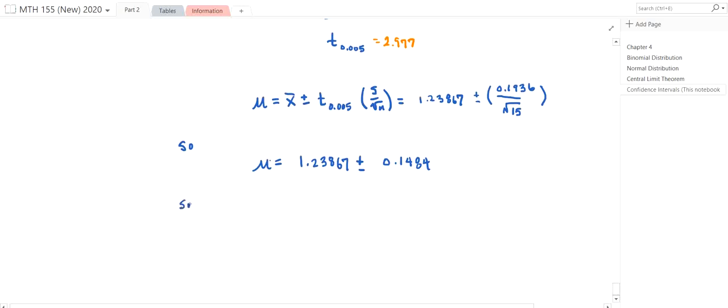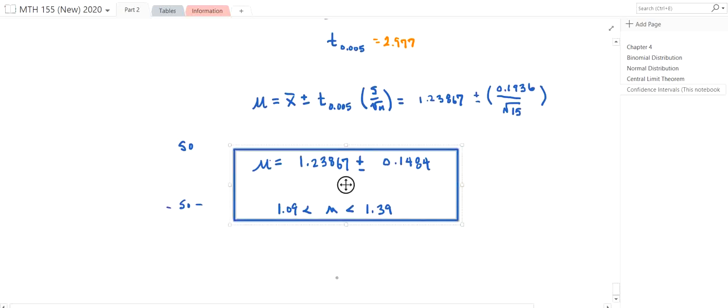And I can write that in the other form that we use, where I take this number and subtract off 0.148, and I get 1.09 is less than mu is less than, I can add this number to 1.23867, and I end up with an estimate of about 1.39. So this is our answer. Put it in any form you like.